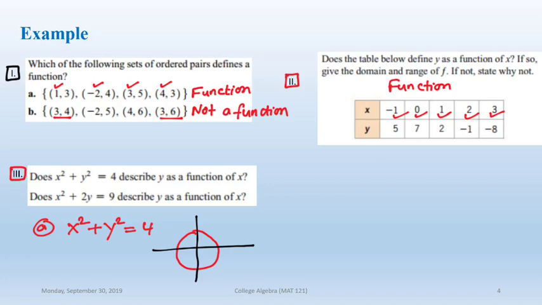Now, if you take any x value of your choice, say for example x equal to this one here, then it has one y value over here, and if you go down, you'll have another y value over there. That means for that particular x value here, you have two y values. So the first one is not a function.